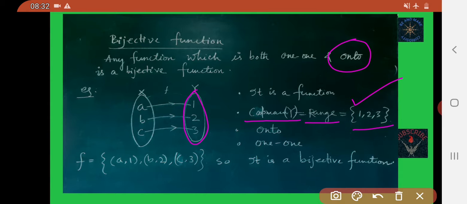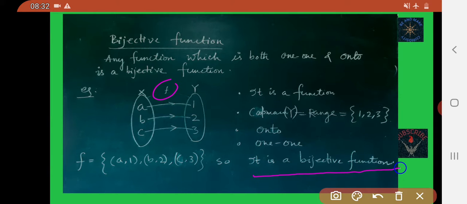Range of the function f is equal to codomain of the function. So, this function is an onto function. As this function f is both one-one and onto function, so it is called a bijective function.